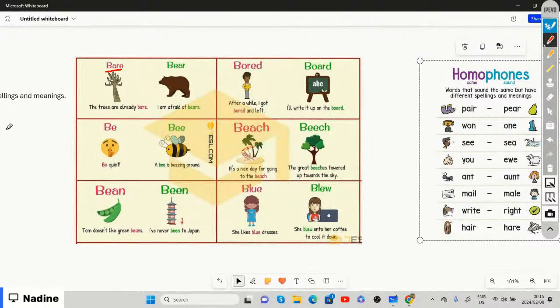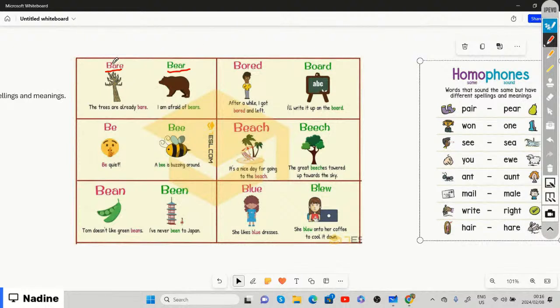So bare and bear are homophones. They sound the same, but the spelling and the meaning of the words are different.